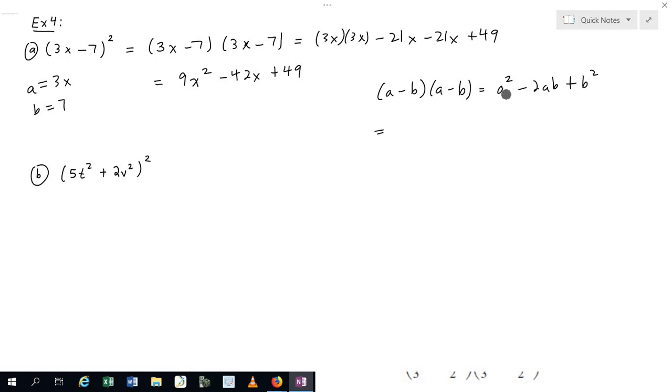Okay, so if you just plug this in, you get 3x squared minus 2 times 3x times 7 plus 7 squared. And of course, this gives you 9x squared. This gives you 2 times 3 is 6, and then 6 times 7 is 42. So 42x. And again, you can change the order of multiplication there. And then 7 squared is just 49. And so you end up with the same answer.